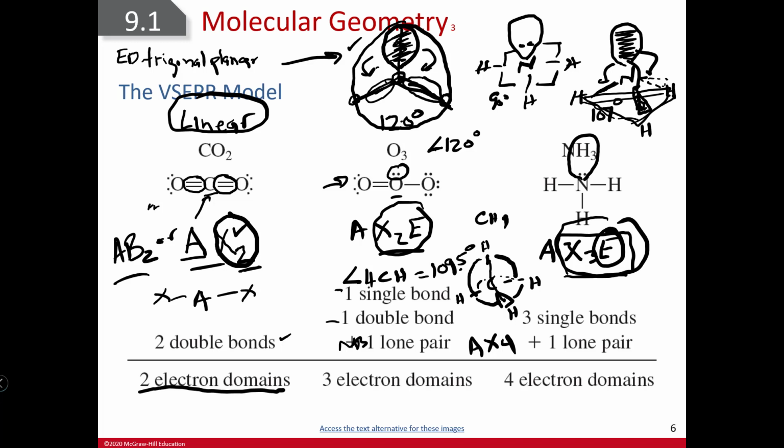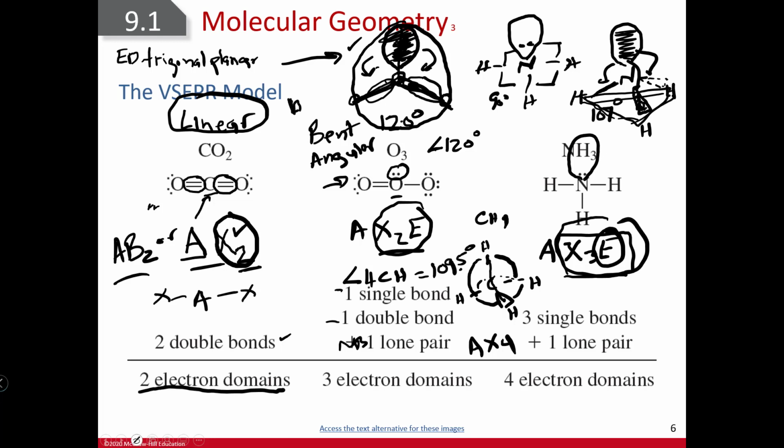Let's see if I can do this, and that'll make it look a little neater. The geometry is like this, invisible here. And so all you see is this part here. And so the molecular geometry is bent or angular. Bent or angular is another name for it. Or I've also heard it called nonlinear.